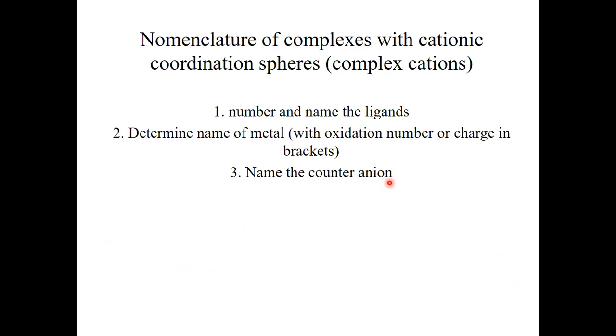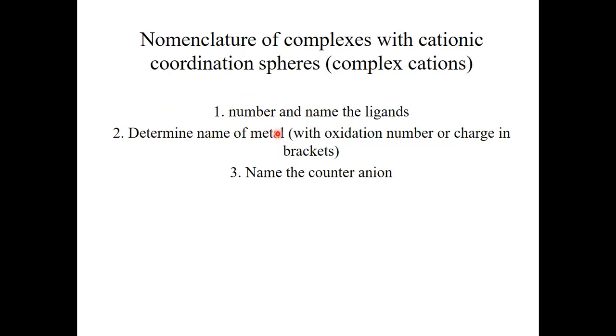Okay, now let us move over to the complex cations. The nomenclature of complex cations is similar. Firstly, you number and name the ligands. Secondly, you determine the name of the metal.